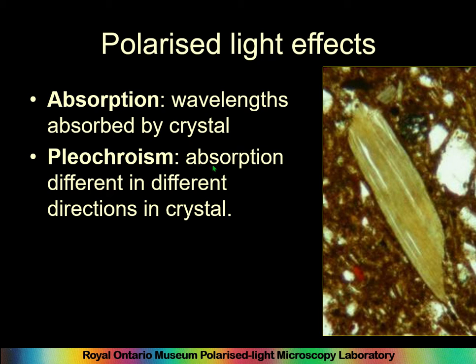This doesn't happen to all minerals, but because you're looking at plain polarized light, you're only looking at light vibrating in one direction when it goes through. So at different times, when the crystal is in a different orientation, its absorption of the light is different. And so the colors will change. This is called pleochroism. And so minerals which are pleochroic are very distinctive and easily identified, like biotite.